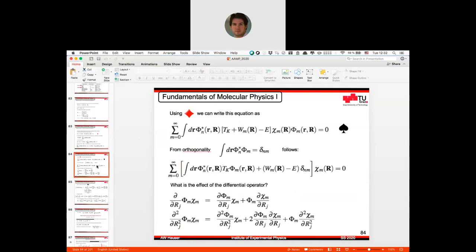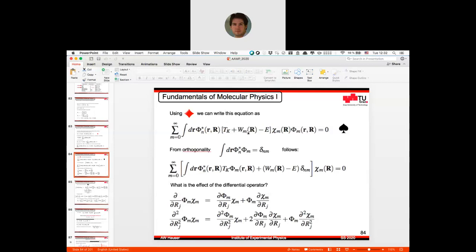And this is something we use here. So this is rewritten. You can see here T_K is left, but I always say omega, I think I meant W_m for the potential, for the electronic eigenvalue. So W_m of R is this electronic eigenvalue.